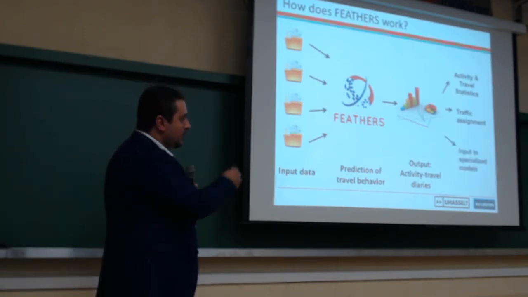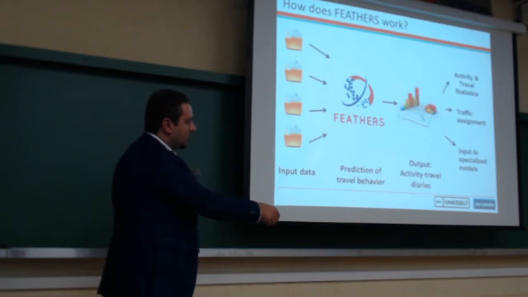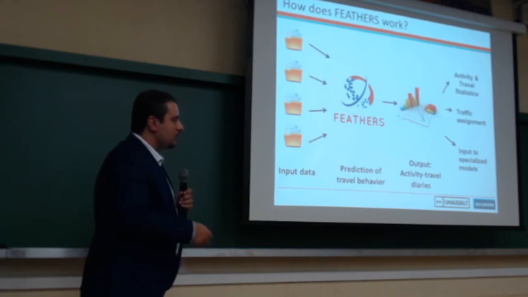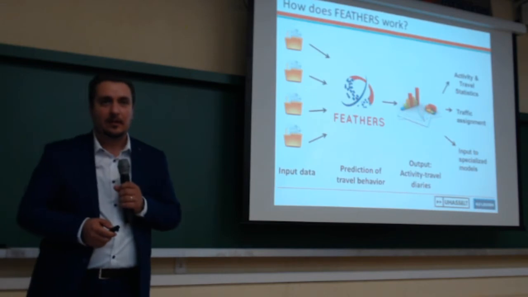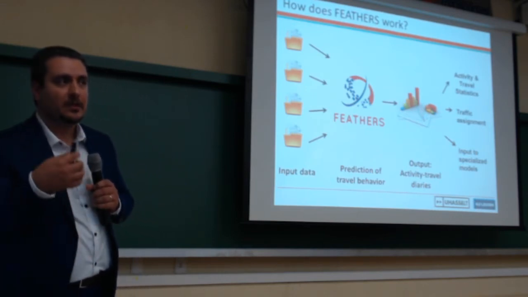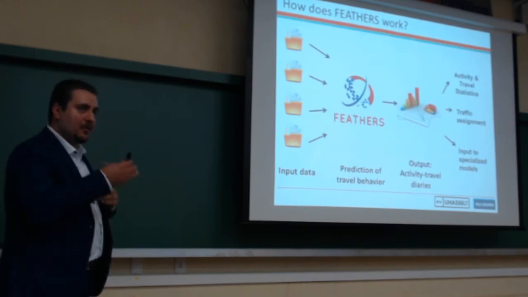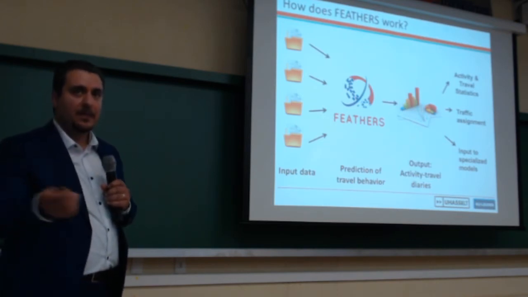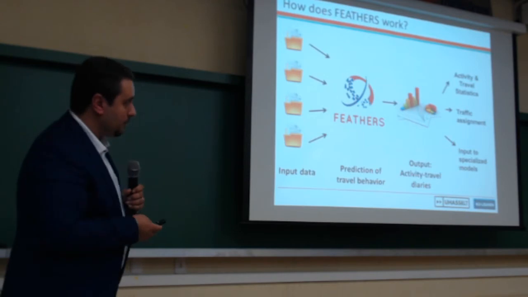Also, we can use that output as an input for some specialized models. Those are emission models, traffic safety models, electric vehicle models, and different types of models that are going to be discussed a little bit later.